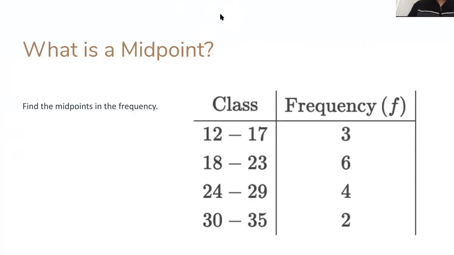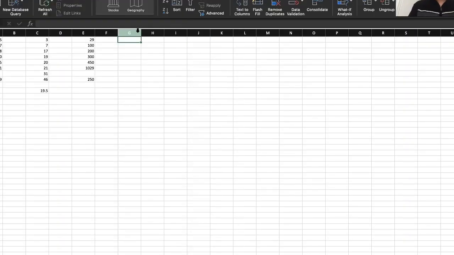So for the first one, if we did that in Excel, you get equals 12 plus 17 divided by 2, you get 14.5, which most of you got. Then if we do it again with the next one, it was 18 plus 23 divided by 2, you get 20.5, which most of you got again.